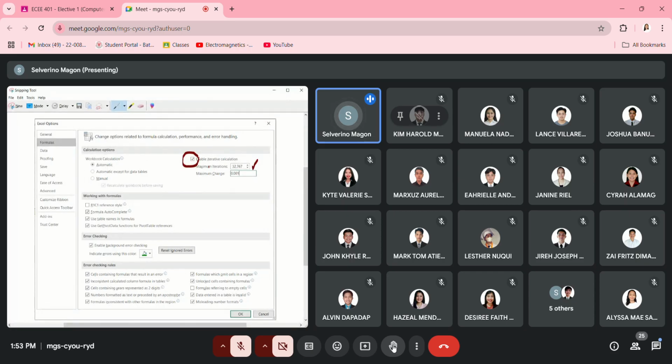The default setting for maximum iterations is 100, but you can adjust these figures to go as high as 32,767, which is the maximum iteration set by Excel. And then you can play around with the figures in the maximum change field right here. This defines the maximum increments that can be done in your calculation.